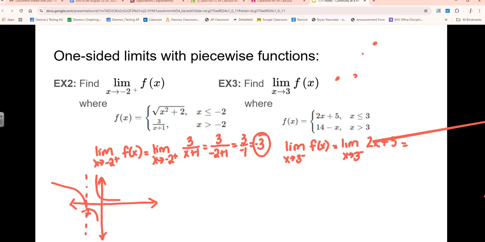If you skip that step and go straight to 2 times 3 plus 5, you're probably okay there. And then you get 11 for that. Then you also have to do the limit as x approaches 3 from the right of f of x. And again, I like to show this step.